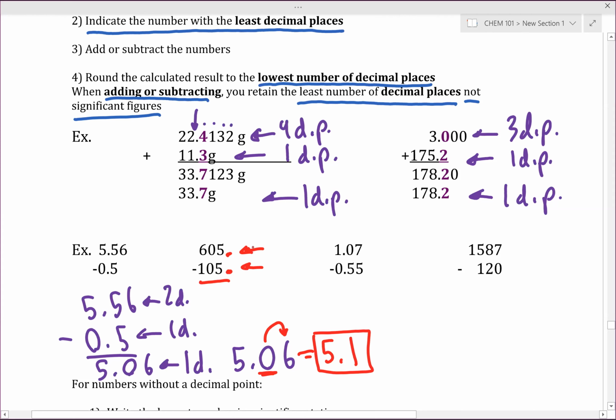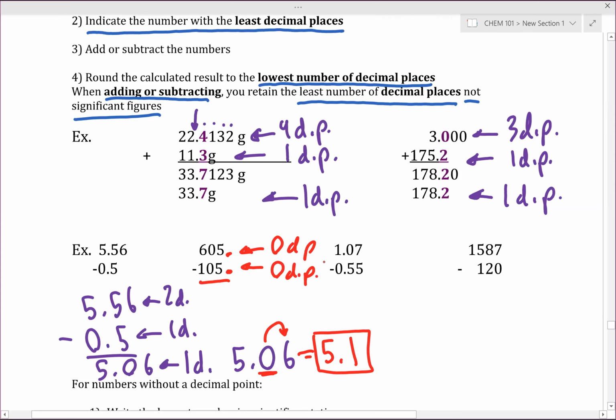Are there any numbers after the decimal point? No. So we're going to write them as 0 decimal places. So these both have 0 decimal places. So how many decimal places are we going to retain? 0. Yep. So let's punch this into our calculator now. So we have 605 minus 105, and we get a grand total of 500.